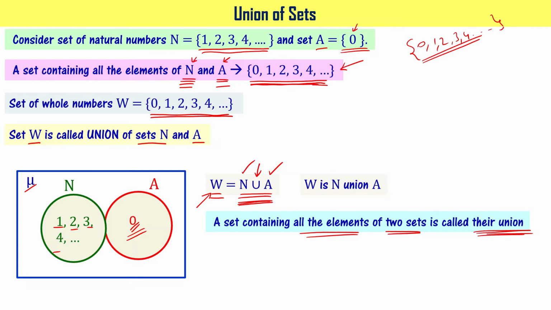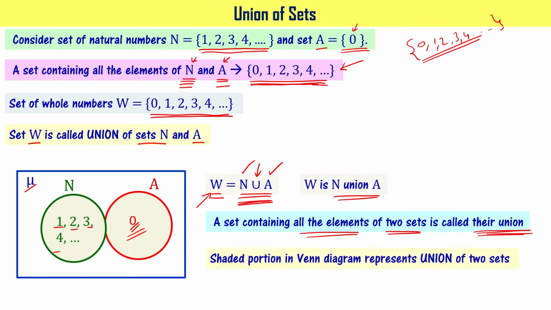It means W is N union A, or you can say that W is union of N and A. That can be shown here in the shaded portion. If you look at this part, all this part and this part is shaded.